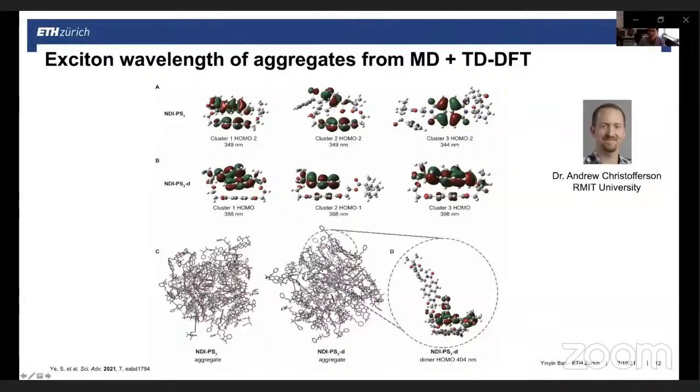And this structure can induce a significant redshift of the system. So this is responsible for the emission color variation, because of this through-space charge transfer.